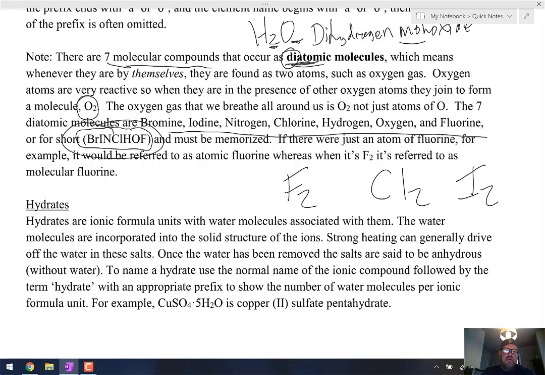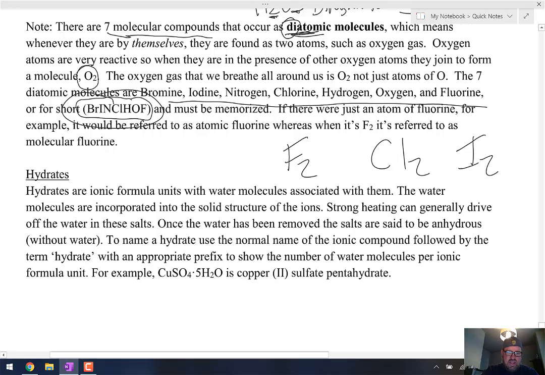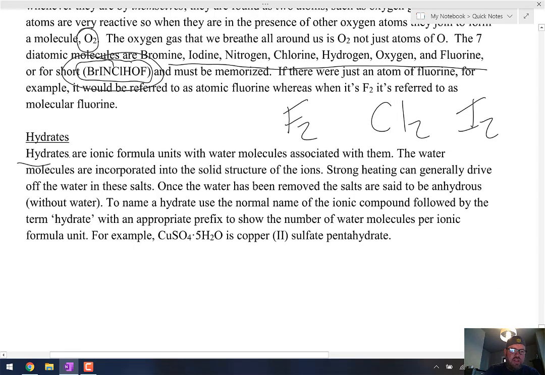Okay, and then the very last thing here is what are called hydrates. Hydrates are when water is attached to certain, usually ionic compounds. Again, they're pretty rare that you're going to see this, but let's just make sure we know it. So CuSO4, Cu is copper, and SO4 is sulfate. But copper is a transition metal.